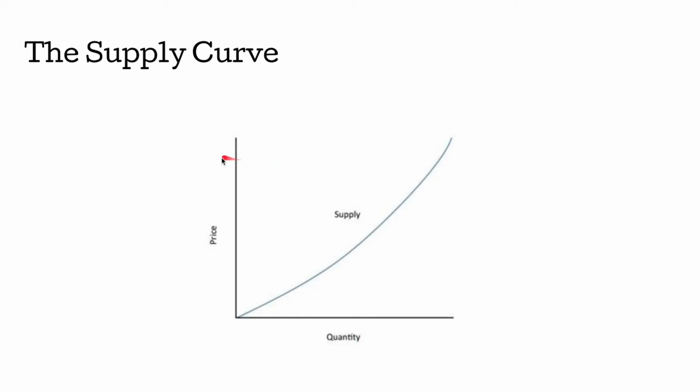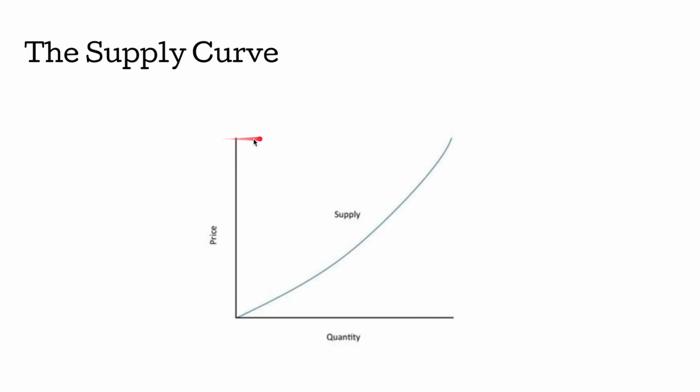And finally, if the price of strawberries is high up here, then there's a lot of incentive to grow strawberries, right? Because they are selling for such a high price, it's a good idea for producers, in this case farmers, to grow strawberries. So a lot of strawberries will be grown and a lot will be put on the market.